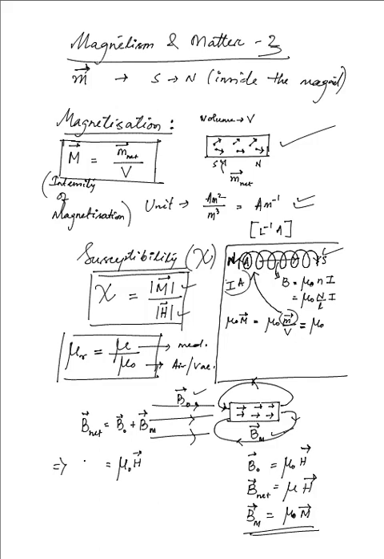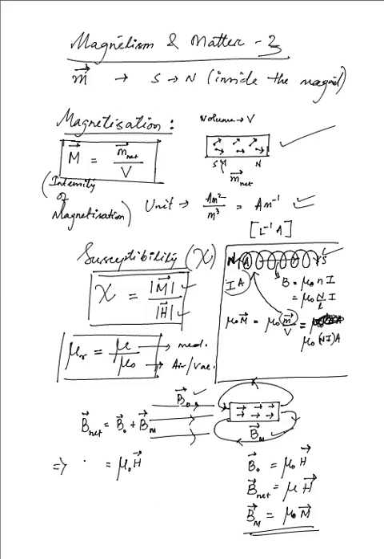If I put that value over here, I have the current multiplied with some area. Obviously we do not have a single loop, we have n number of loops, if you remember. So n loops will have n times the current flowing, because each current carrying element contributes to the magnetic field.